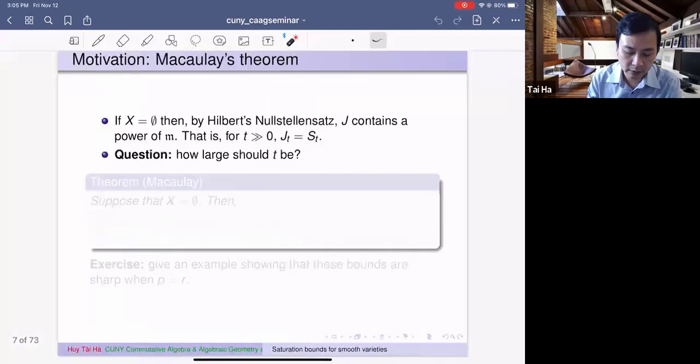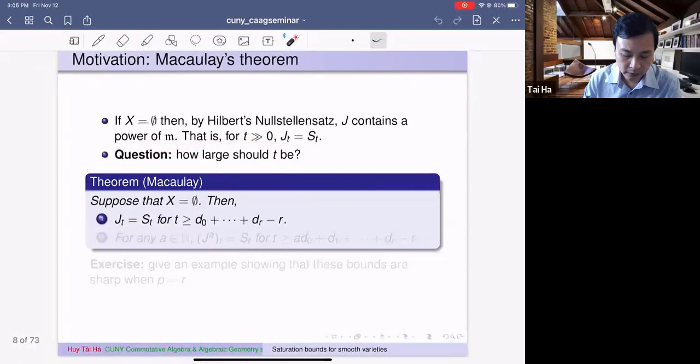So the natural question is how large one has to go to get these equalities. An old theorem of Macaulay basically says in this situation, as long as t is bigger than the sum of d0 up to dr minus r, then we have this equality.